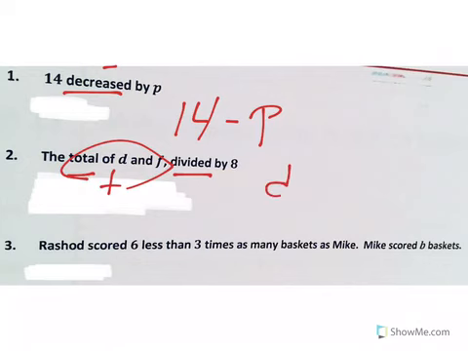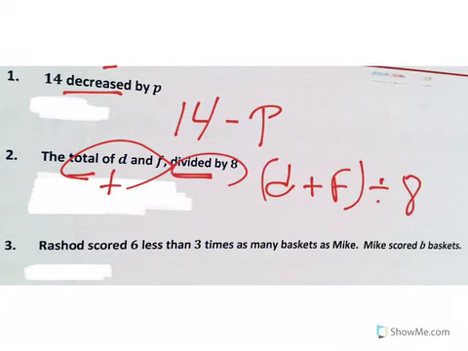So we're going to have D plus F, and then you have divided by 8. So you could say divided by 8, but in this case you'd have to put parentheses because D plus F, you have to add that total first. Or you could say D plus F over 8. You could write it as a fraction, and that would work just fine.